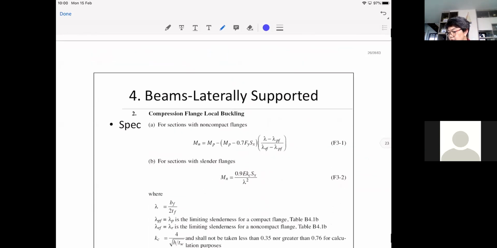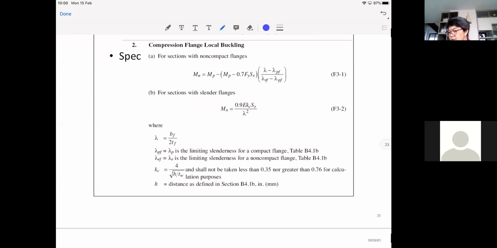All right. So this is the formula shown in the spec. If you have the non-compact flange, now your web must be compact. When you come to this page, web must be compact already, which we have.